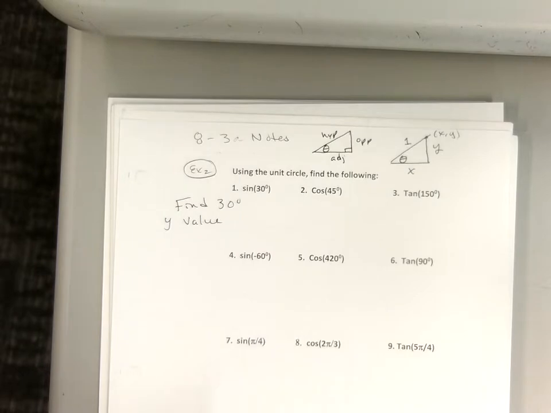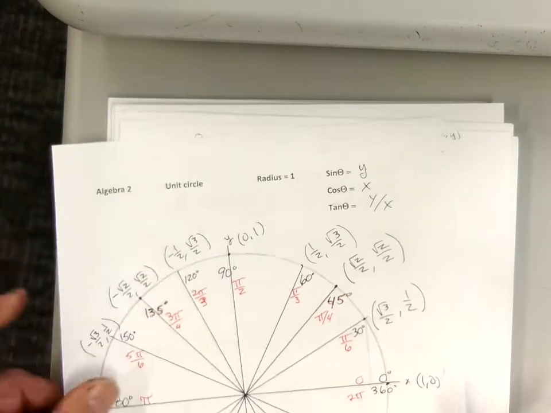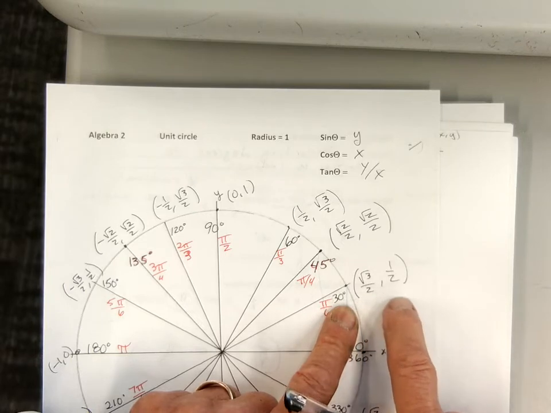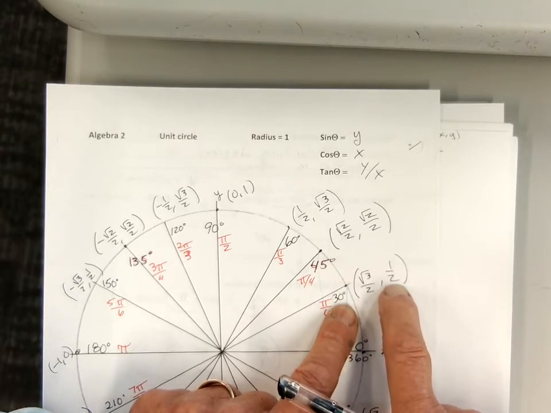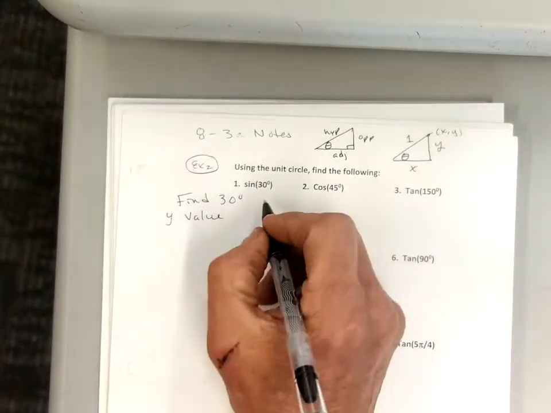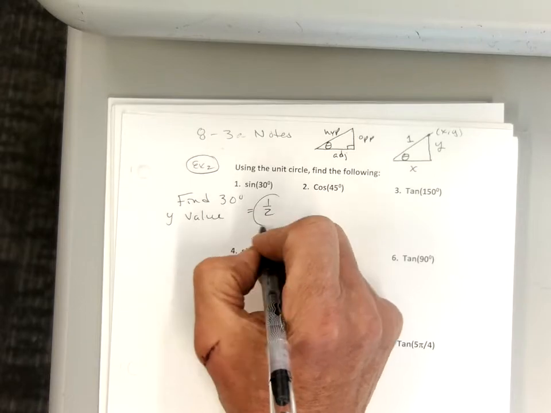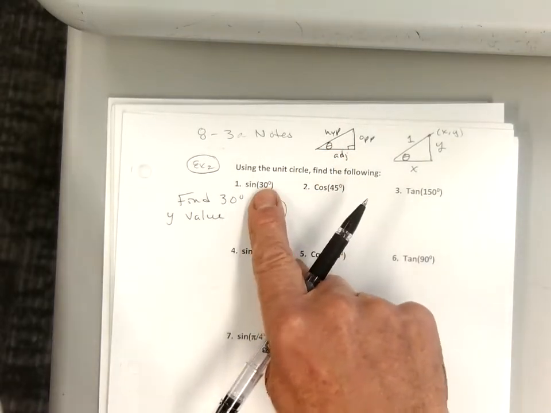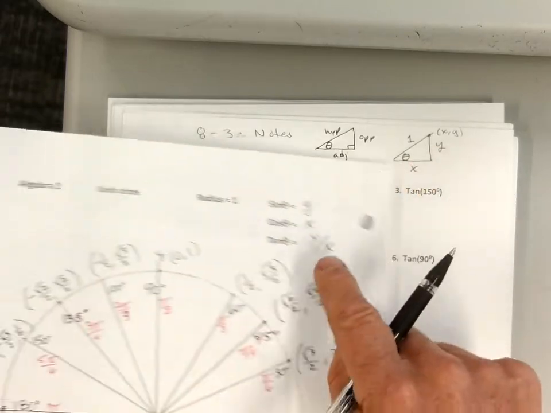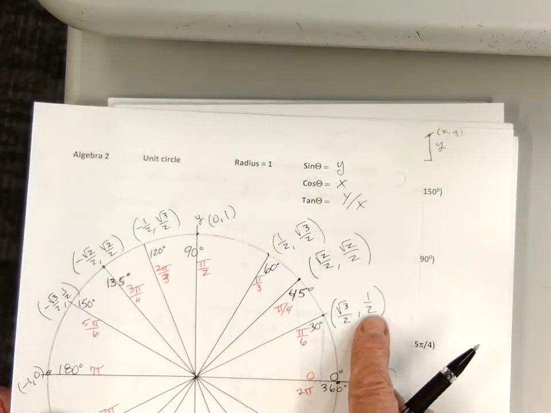It's this easy. Every point has an x and a y. The y value at 30 degrees is 1/2. That is the answer: sine of 30 degrees is 1/2.